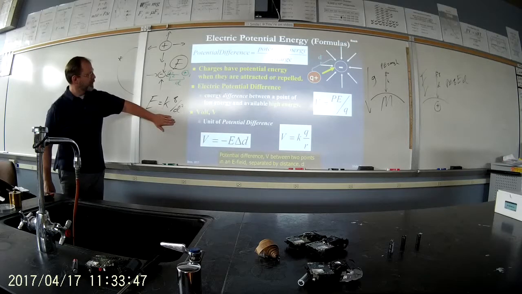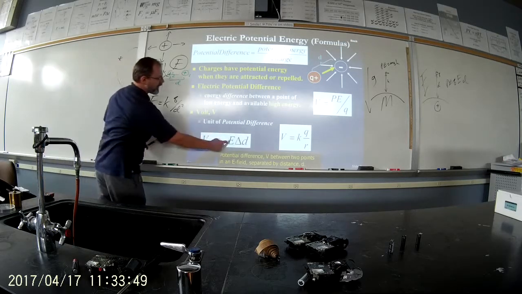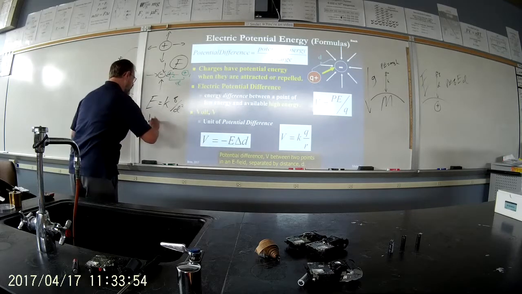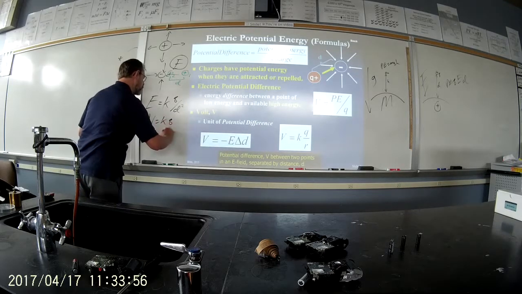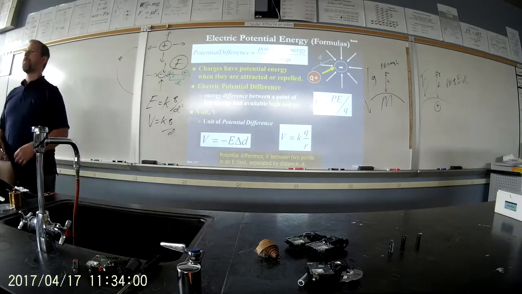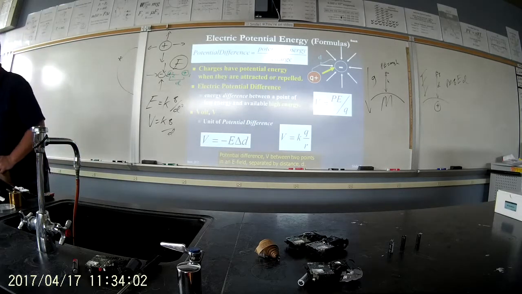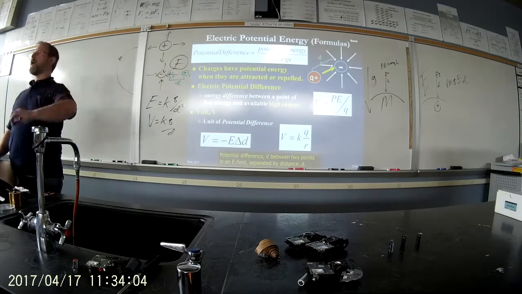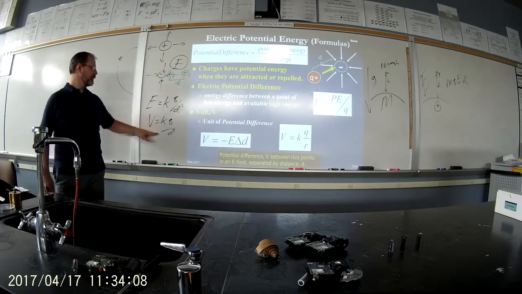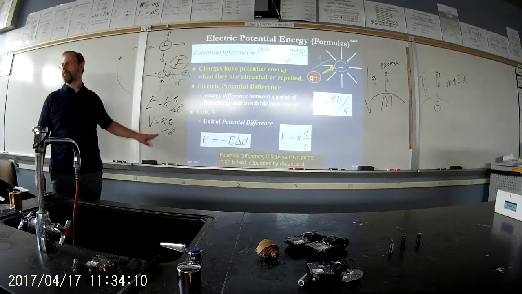Well, if you take this formula and multiply E by d again, you get V equals kQ over only one d. That is the potential of any location in the field. This is field strength. This is the potential of any location in that field.